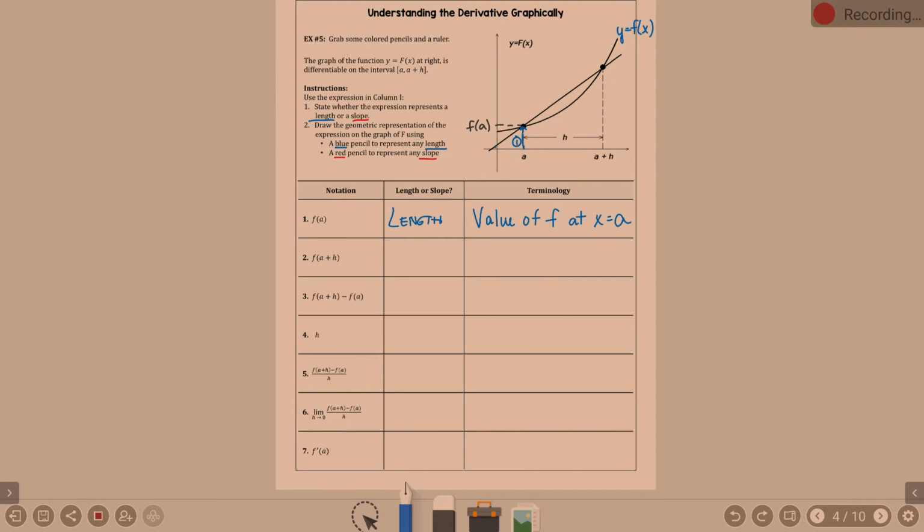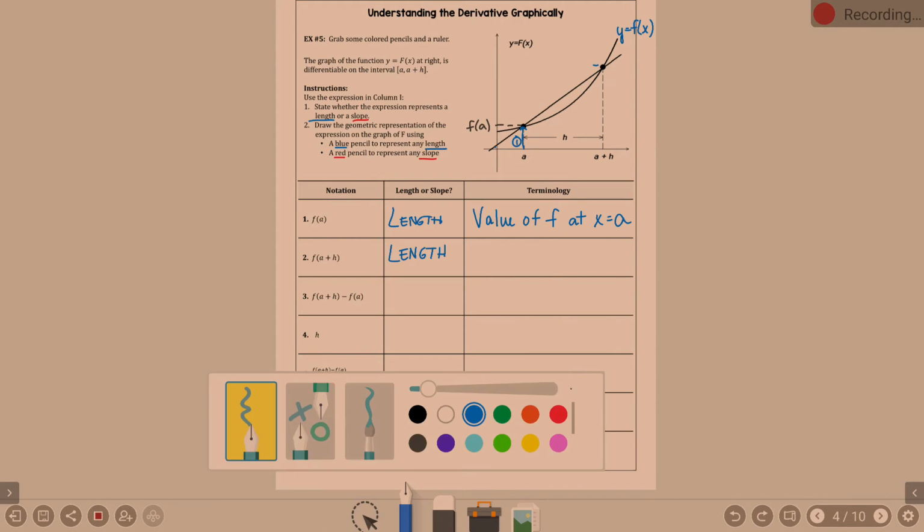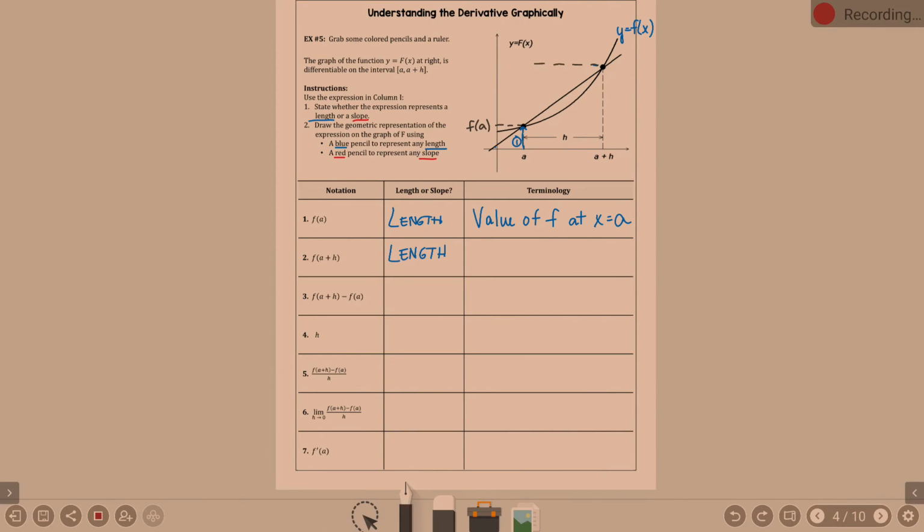That'd be another. It's the same. It's a length, but it's the other dotted line. It is another length, as you guys are recognizing, pretty much for the same reason, because here's A plus H, which is H farther than A. So if you go H past A, now you're at A plus H. So F of A plus H is the Y value when you plug in A plus H. And so now we're talking about the height of that point.